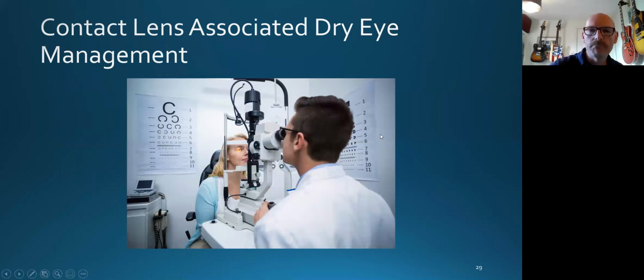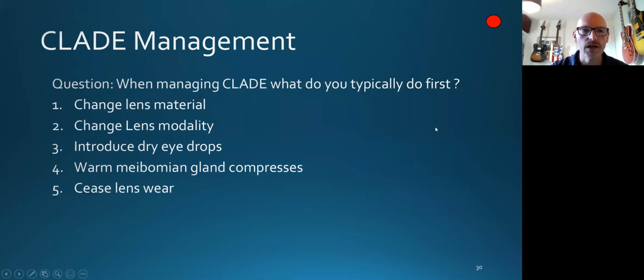Okay, so let's take a look at how we manage contact lens associated dry eye. Another question for you. So I'd like to know that when you're managing contact lens associated dry eye, what do you typically do first? Do you have a go-to strategy that you use for managing this? Do you change the lens material, change the modality, introduce eye drops?